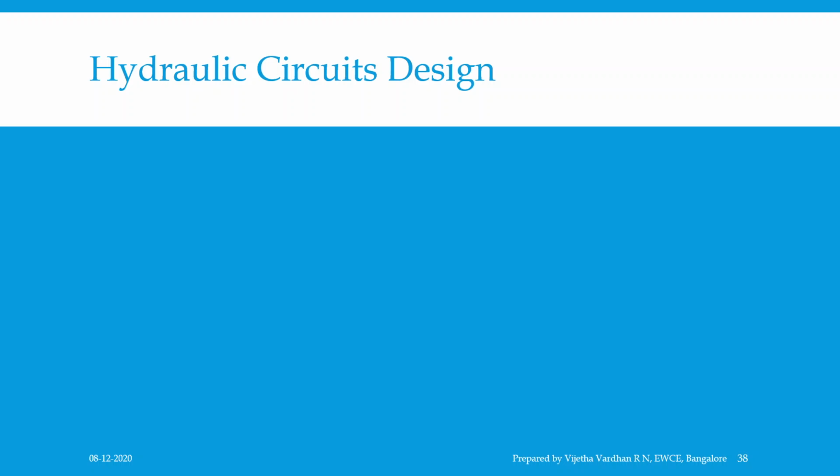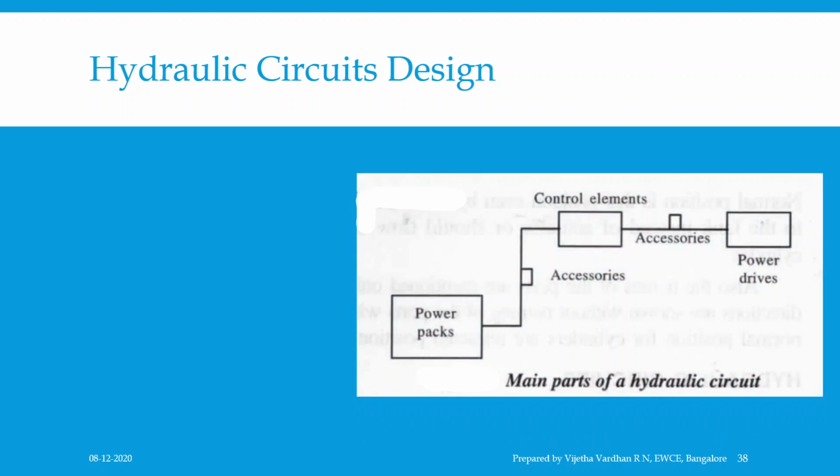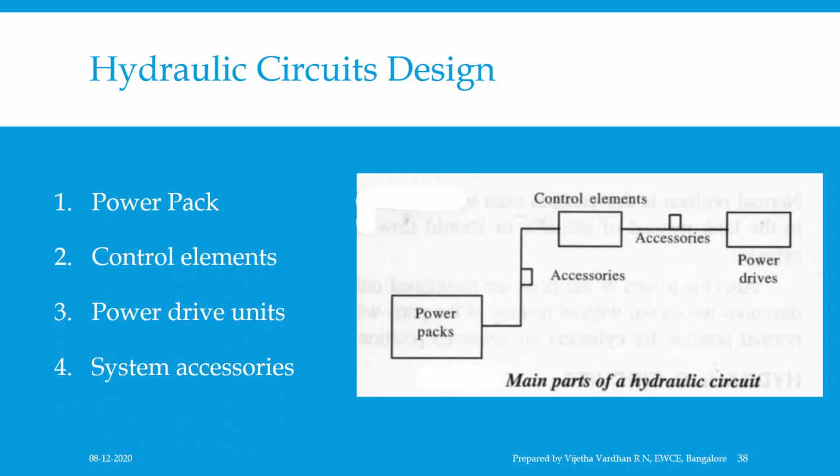Then, the main parts of hydraulic circuits are as shown in the figure, which consists of power packs, control elements, power devices, and in between there are some system accessories. We'll discuss each one of them. A hydraulic power pack comprises an oil tank with oil, hydraulic pump, electric drive motor, mechanical couplings, strainers, filters, coolers, etc. It is the hydraulic power pack where the mechanical energy is converted into hydraulic energy.